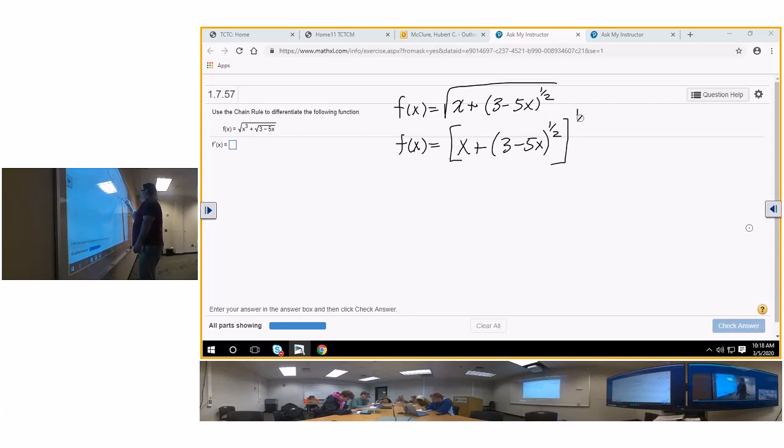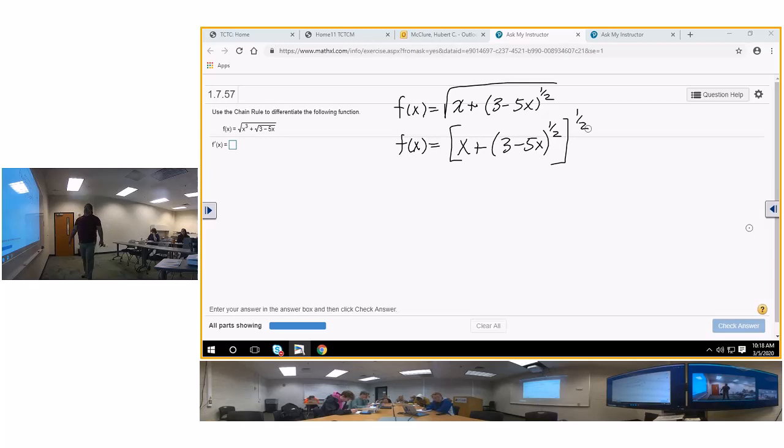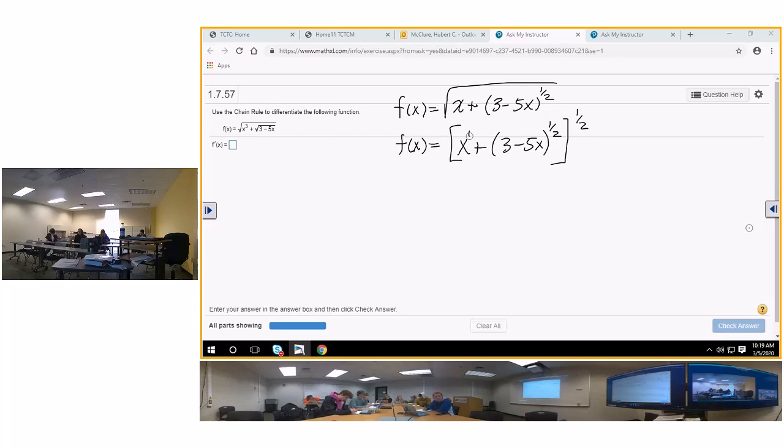Half power. Now the power rule says that I can take that 1/2 and distribute it, right? So I can distribute that. This is to the 1 power, or we could use the chain rule with what we got. Doesn't matter. You can do either one. All right. I'm going to use the chain rule.